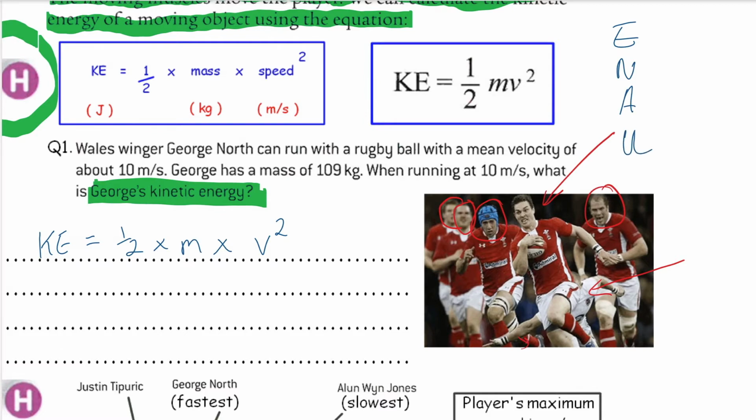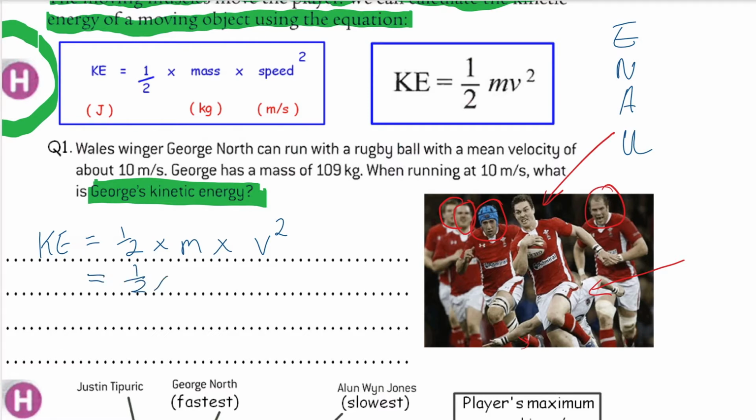If you do those 4 things, then you'll be fine. This is more of a complicated equation than usual because you've got to square the velocity or speed, but nothing to be concerned about.